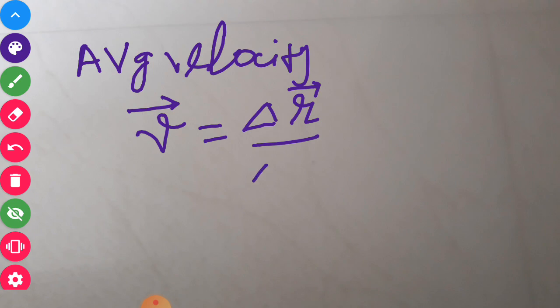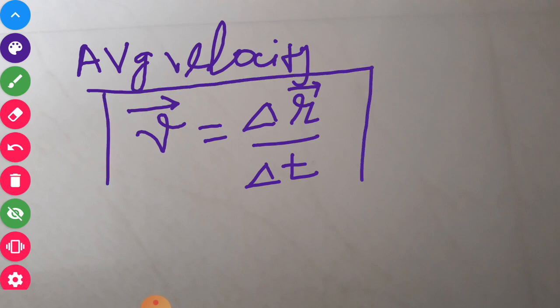Average velocity, denoted by v with a vector on it, is equal to change in position, that is delta r upon delta t. This gives you the formula for average velocity.